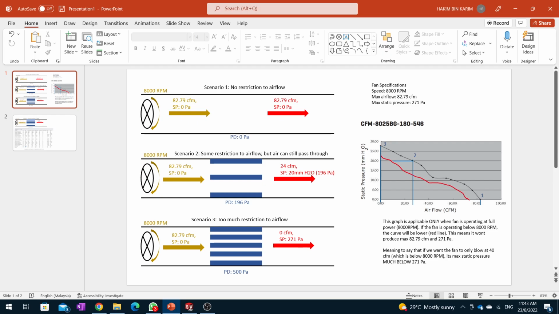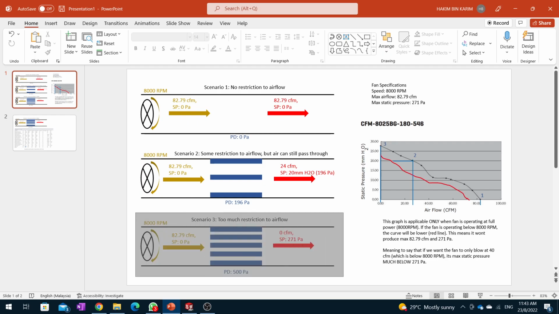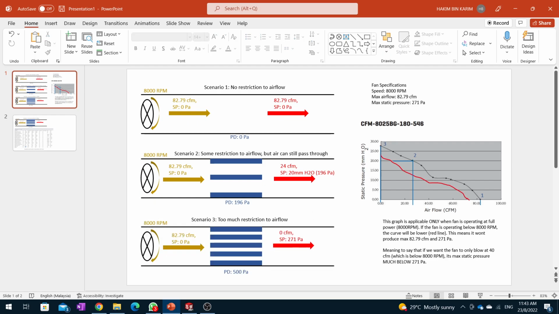Now scenario 3, when there is too much restriction to airflow, it means that the air cannot pass through the heat exchanger. So this is our actual scenario. The fan is rotating at 8000 rpm, which means it is going at 82.79 CFM. So when the air is entering the heat exchanger at 82.79 CFM, the pressure drop is around 500 Pascal.